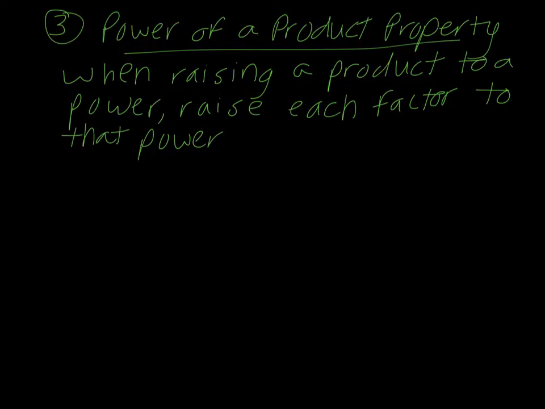The power of a product property talks about when we're multiplying two things together and raising that to a power. I call this distributing, but not distributing. When raising a product to a power, raise each factor to that power. So an example of that would be if I had a times b, all raised to the second power. I want to make sure that both a and b get the second power.